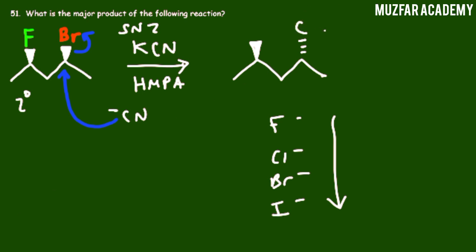Let's put cyanide instead. The fluorine is going to remain. It's not easy to kick out a fluorine group because it's a poor leaving group. But this is going to be the major product. So we just got to replace bromine with cyanide and with inversion of configuration. So that's the answer for 51.